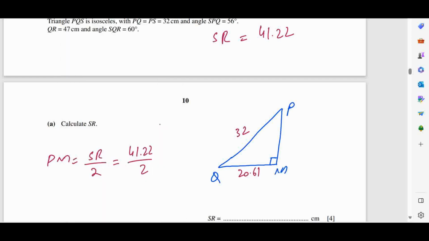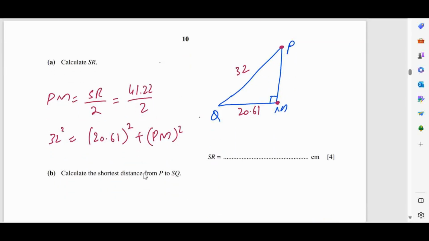Now we have to find out the shortest distance, which is P to M. So for P to M, we have to use the Pythagoras theorem. Hypotenuse square is equals to base square plus perpendicular square. Perpendicular is PM.